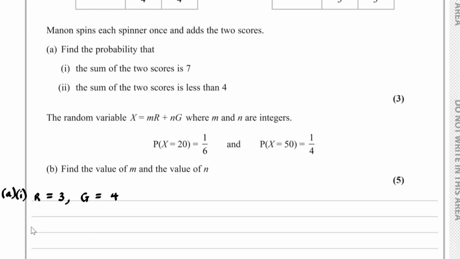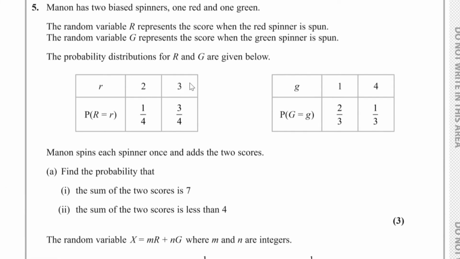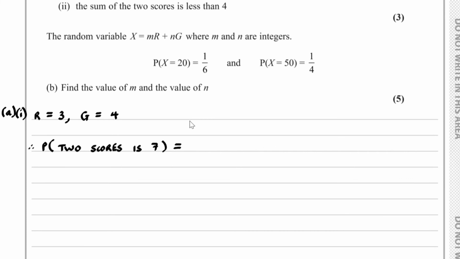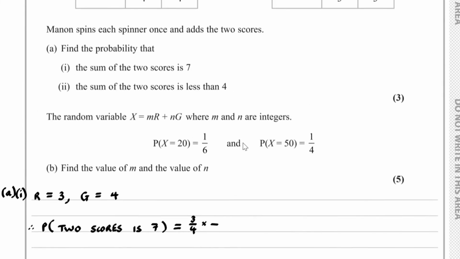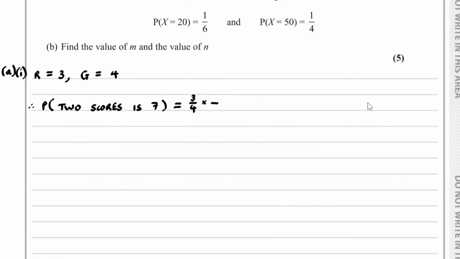So, what we can say then, the probability that the two scores is 7, well, the probability that R equals 3 is 3/4. The probability that G equals 4 is 1/3.